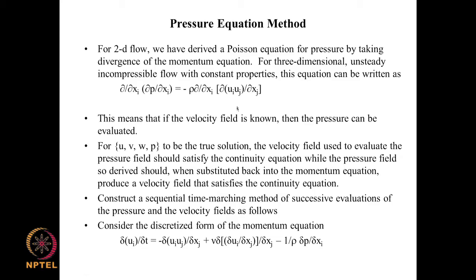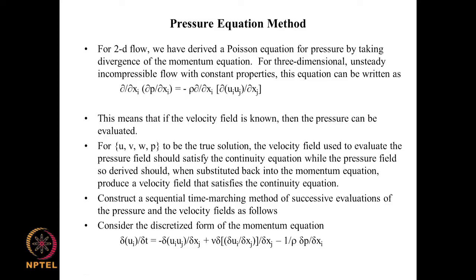And we also know that for u, v, w, p to be a true solution of fluid flow, the velocity field, that is u, v, w, which are functions of x, y, z, t, used to evaluate the pressure field, should satisfy the continuity equation, while the pressure field so derived when substituted back into the momentum equation should produce a velocity field that satisfies the continuity equation.